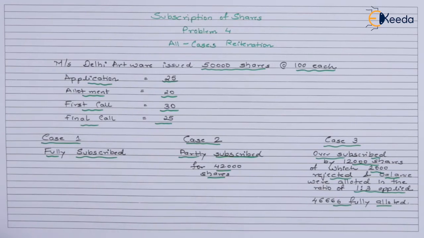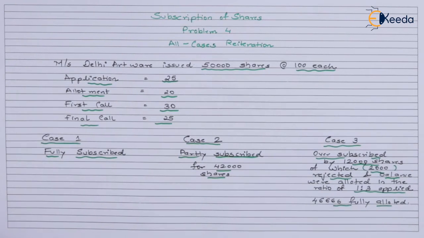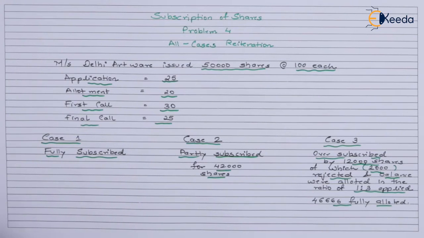Out of those 12,000 additional shares, we have rejected 2,000, and the balance 10,000 have been allotted in the ratio of 1:3. That means for every 3 shares applied for, 1 share was allotted. That was the ratio taken into consideration.